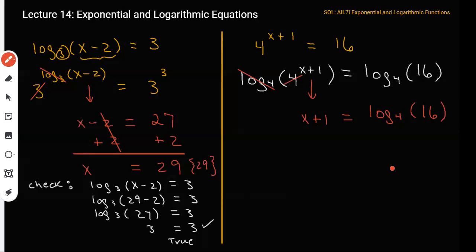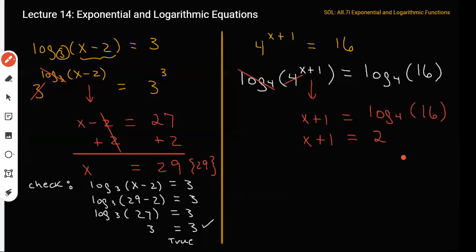So the last thing I want to do is subtract 1 from both sides. But before that, I'm going to figure out what log base 4 of 16 is. That's basically asking, what exponent does 4 have to be raised to get to 16? That's got to be a 2, right? Because 4 squared is 16. So I'm going to get x plus 1 is equal to 2.